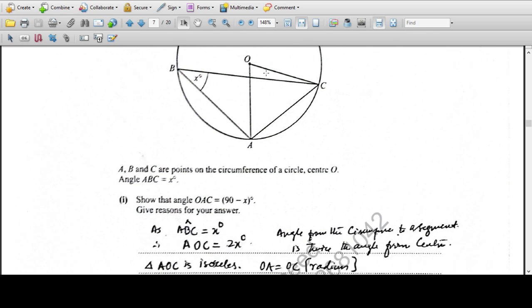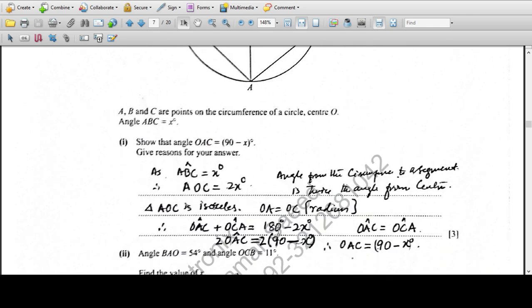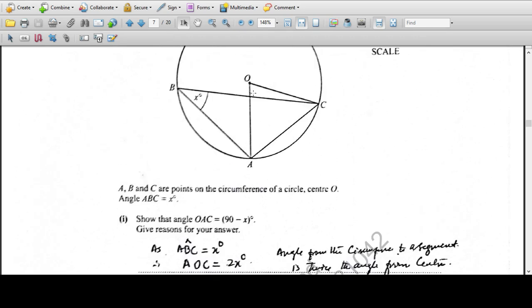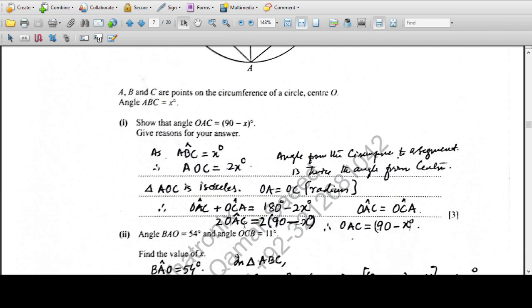The sum of this angle and this angle is 180 degree minus 2x, and both angles are equal. So OAC is obtained as 90 minus x, which is this.